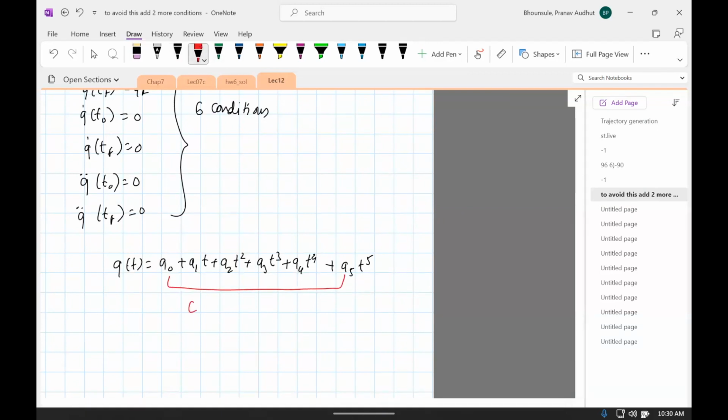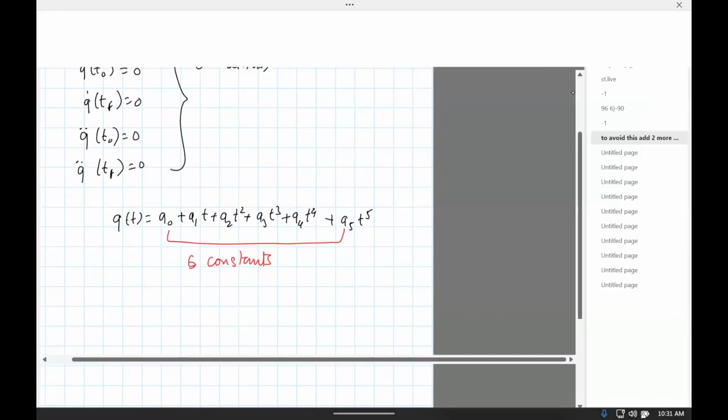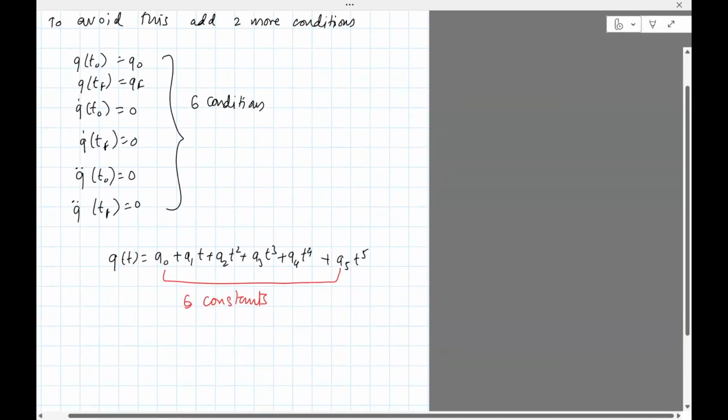There are 6 constants, so you will solve for the 6 constants using the 6 conditions, and you'll get the trajectory you wanted. But there's a problem.